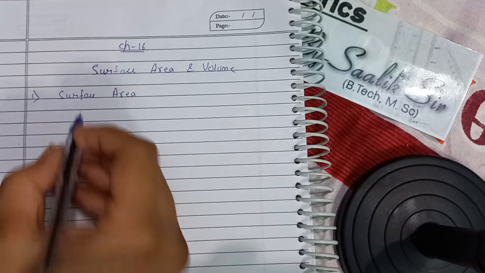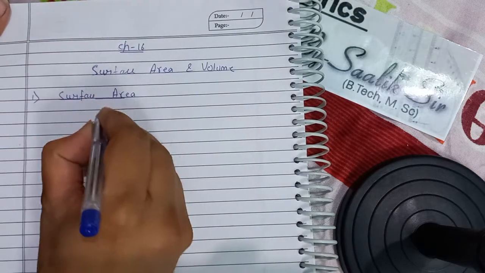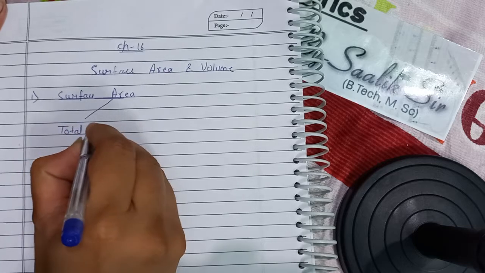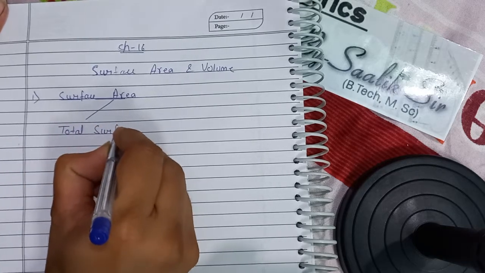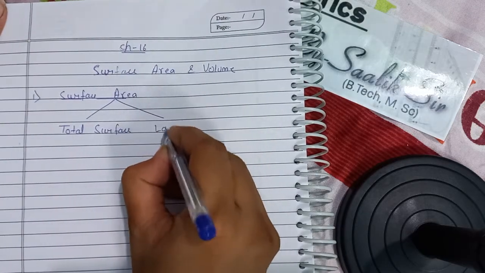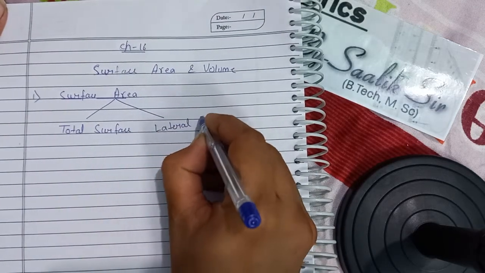So surface area is of two types. One, total surface area. Another is lateral surface area.